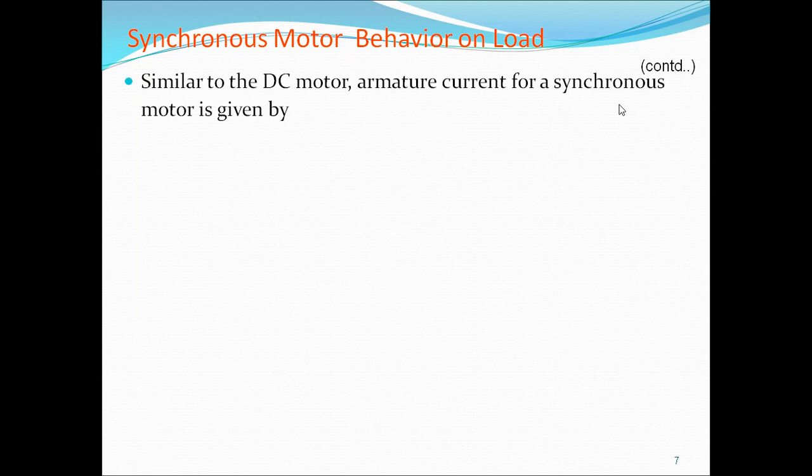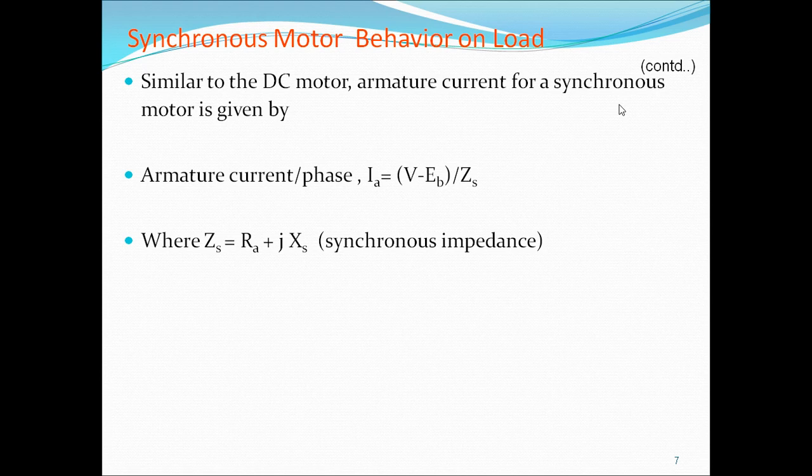Similarly to a DC motor, the armature current of a synchronous motor is given by Ia equal to V minus Eb by Zs, where Zs is the synchronous impedance, V is the supply voltage and Eb is the back EMF, which depends on the excitation and is independent of the speed, as the speed is constant.